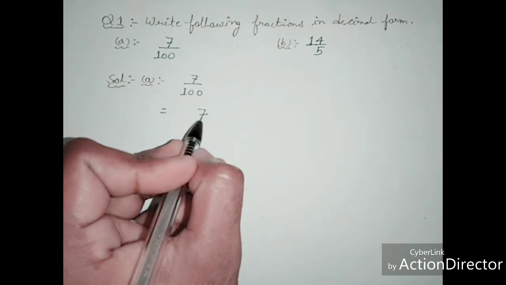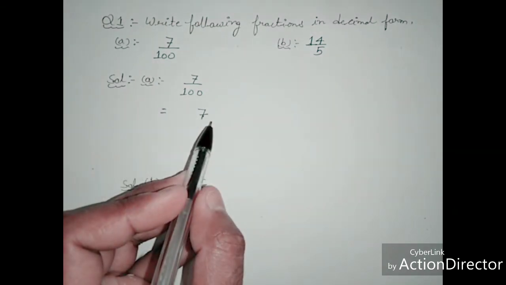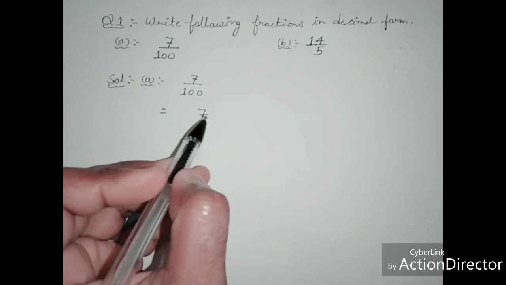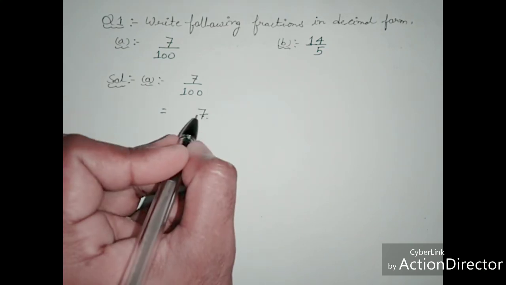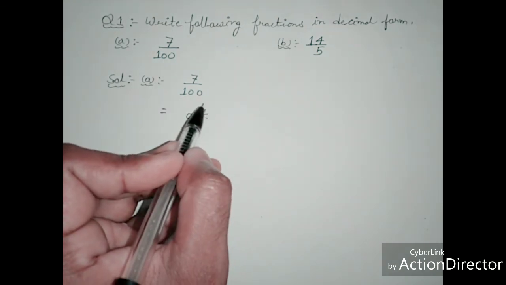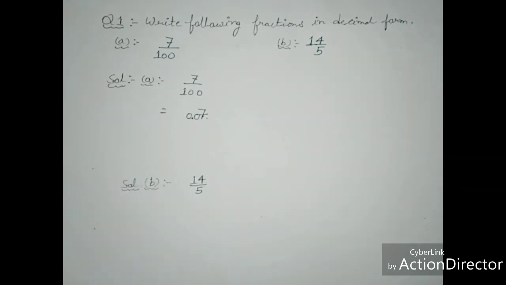If the number has no visible decimal, it is hidden at the last end of the number. So the decimal is here and it moves two places, so we put two zeros here and the decimal moves 1, 2 from here to here. So the decimal form of 7 upon 100 is 0.07.